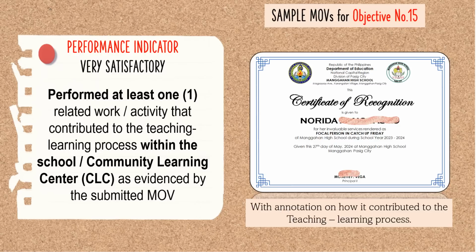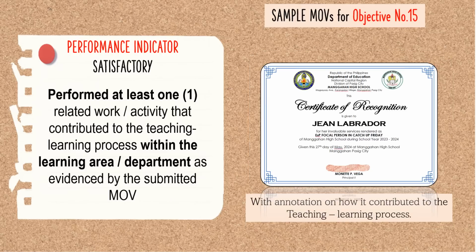Kasi nakalagay sa indicator ng very satisfactory, perform at least one related work or activity that contributed to the teaching learning process within the school or community learning center as evidenced by the submitted MOV. Ibig sabihin, within the school lang. So, dapat meron ding annotation on how it contributed to the teaching learning process.